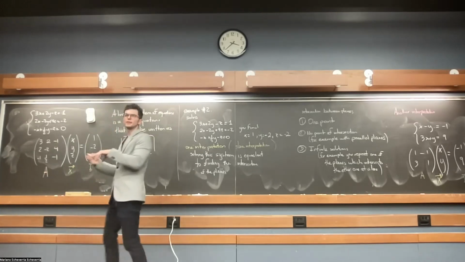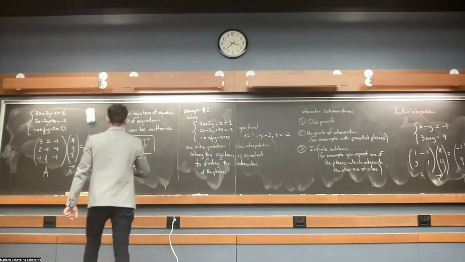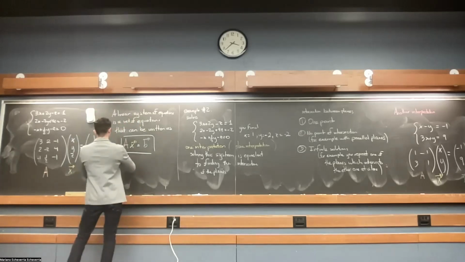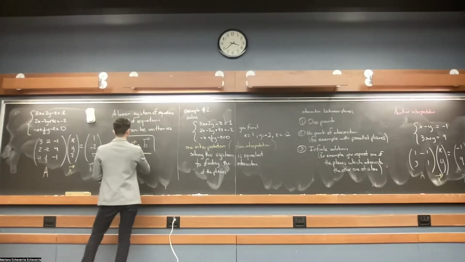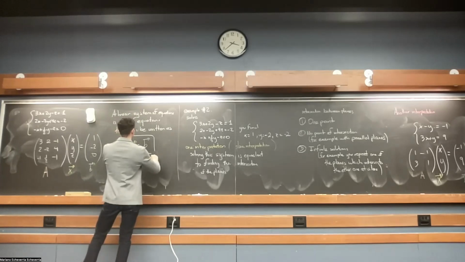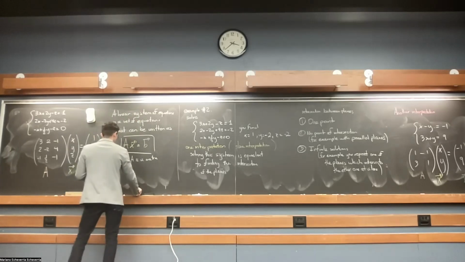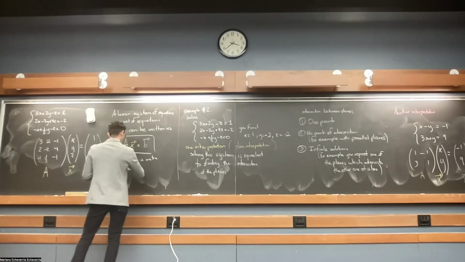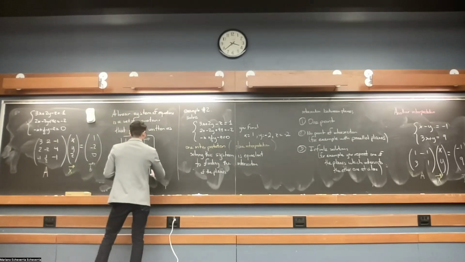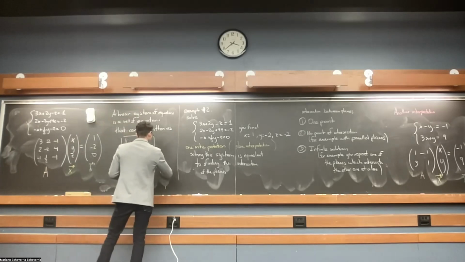where A is a matrix. X is a vector of unknowns, or a vector of variables. For example, it could be XY or XYZ.